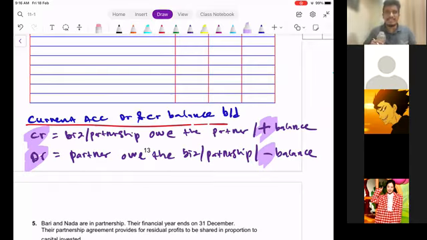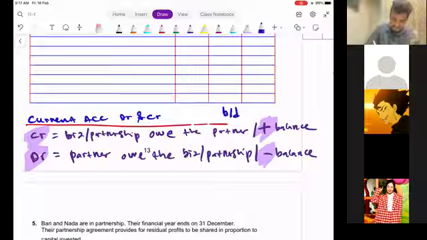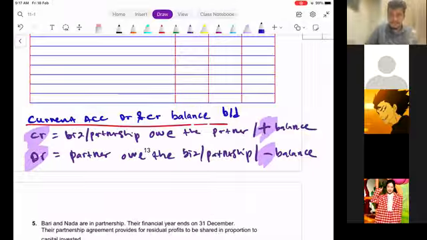What is the word CR? CR means credit. Here it is, balance.